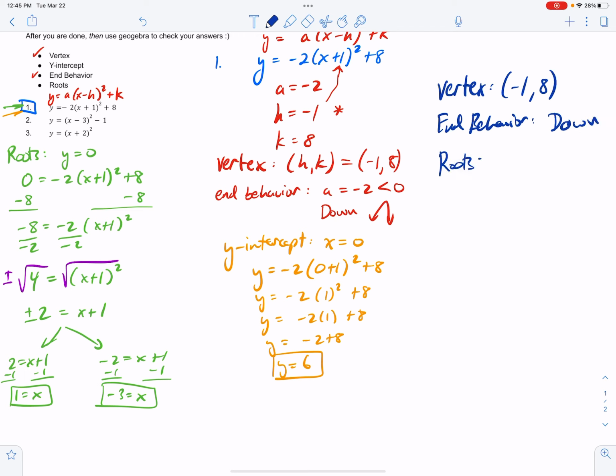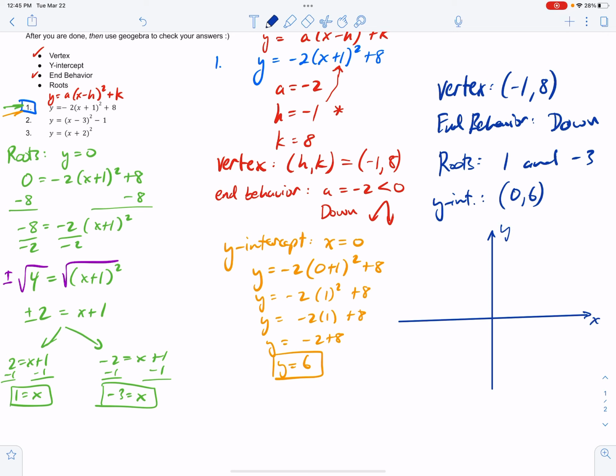The roots are 1 and -3. And the y-intercept is 6. If I were to graph this, it would look like so.